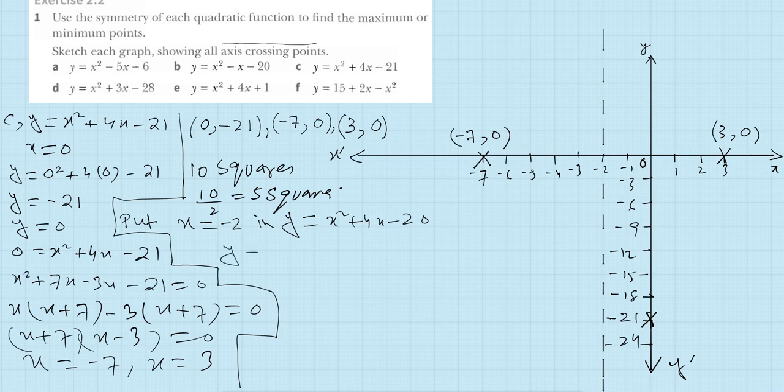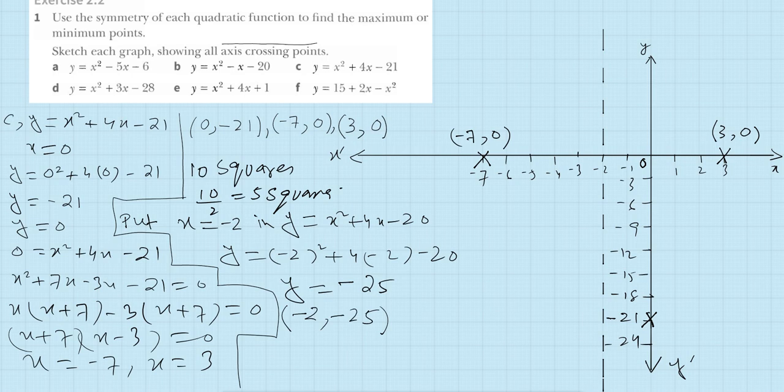So y is equals to x square, x is minus 2 square, plus 4 into minus 2, minus 21. With the help of a calculator, you will find the value of y is minus 25. You can check. So when x is minus 2, then y is minus 25.